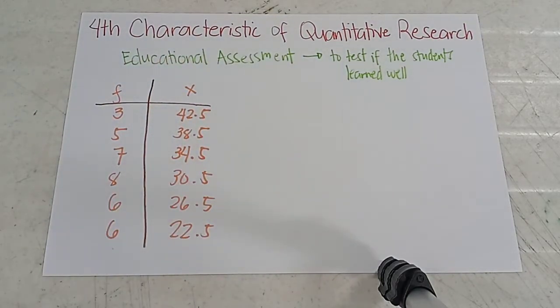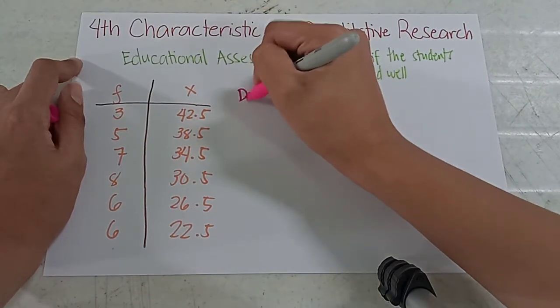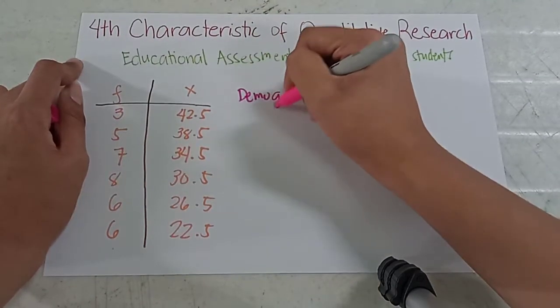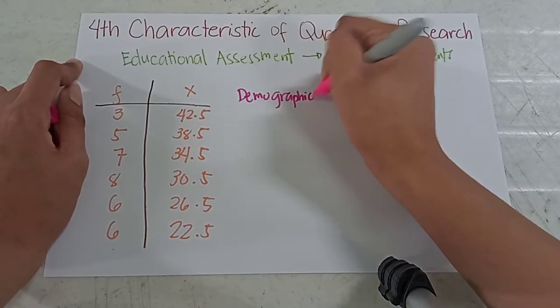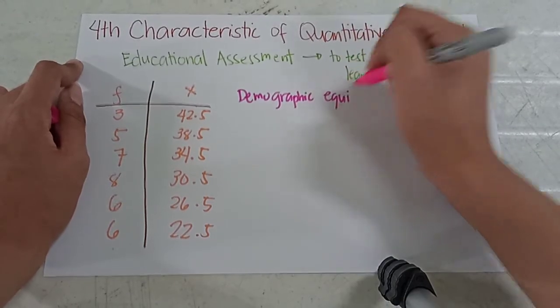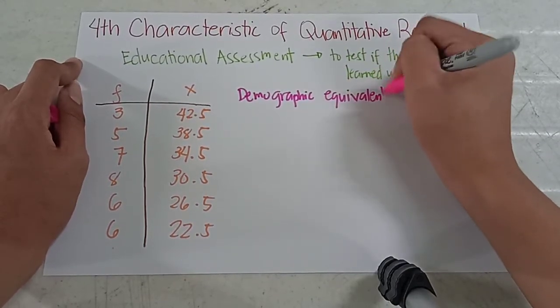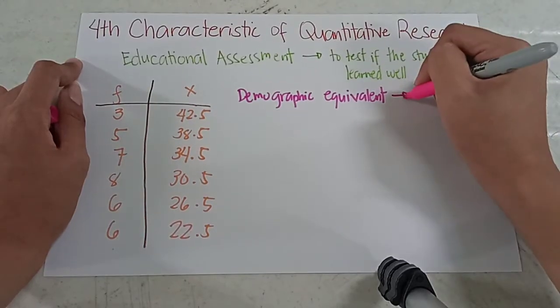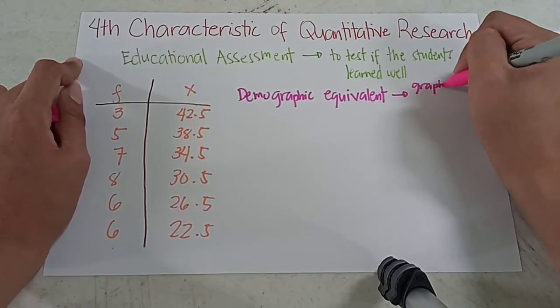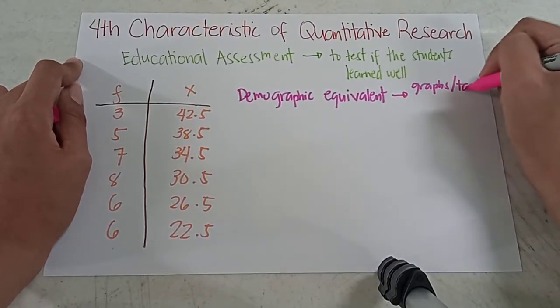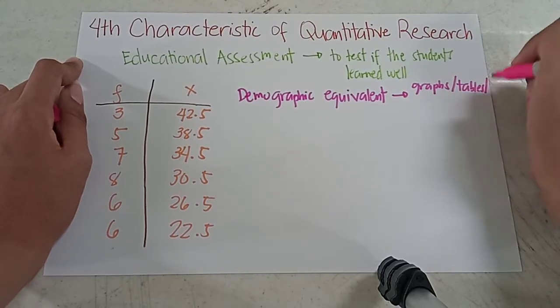Now, with this data presented in the frequency table, the researchers depicted its demographic equivalent using a frequency polygon. Whenever we say there is a demographic equivalent, we try to arrange this data in the form of graphs, tables, or charts.